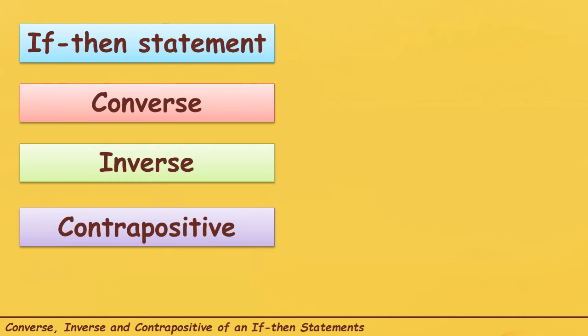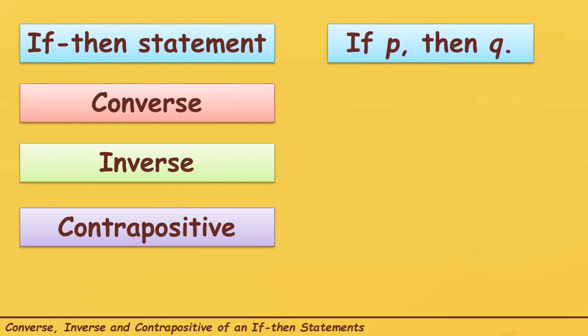So pasimplihan natin to kung paano natin mas mabilis na matatandaan ang bawat isang salita dito. Sa if-then statement or the conditional statement, if P, then Q. Ulitin ko lang na ang letter P is the hypothesis and Q is the conclusion. So ito yung parang magiging pattern natin para hindi natin makalimutan ang if-then statement.